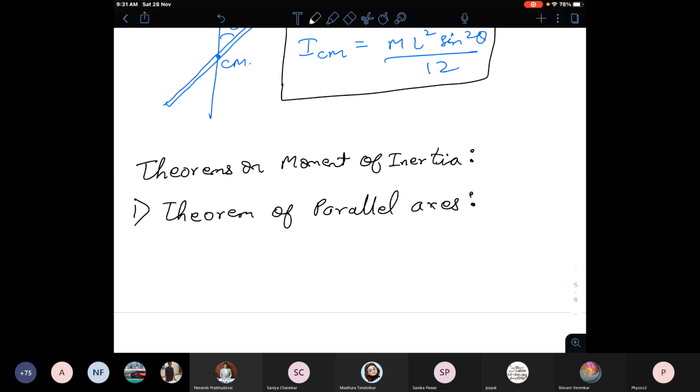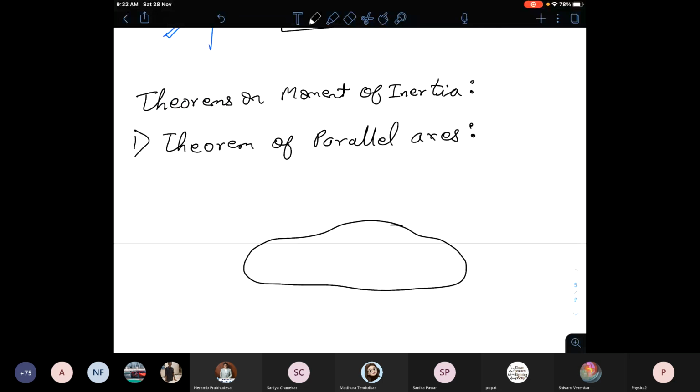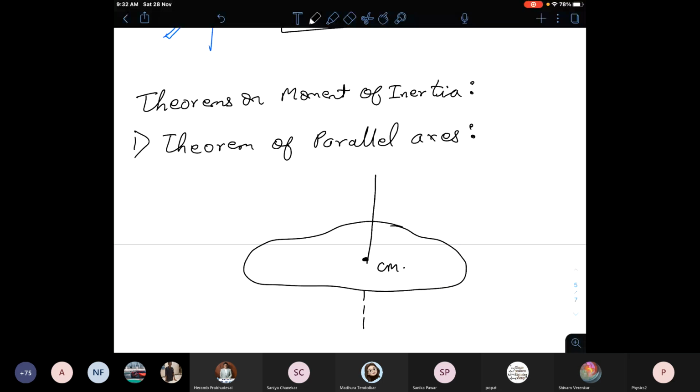Suppose I have a body. Suppose it is a 3D body, like this. It is kept in the XZ plane. And suppose this is the center of mass, and about this axis, if you calculate the moment of inertia, it will come out to be ICM, no doubt in that.